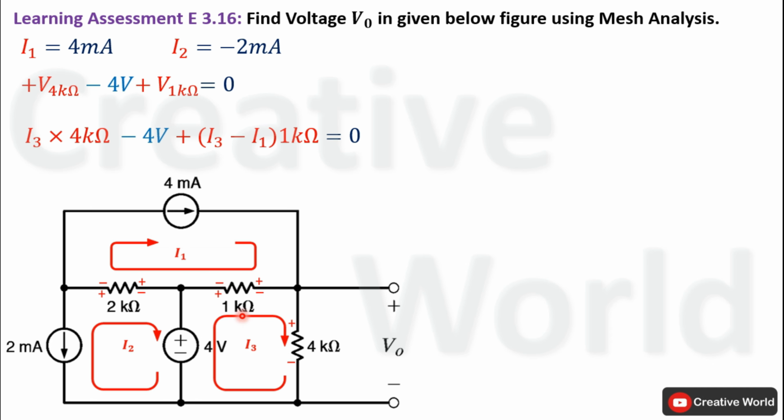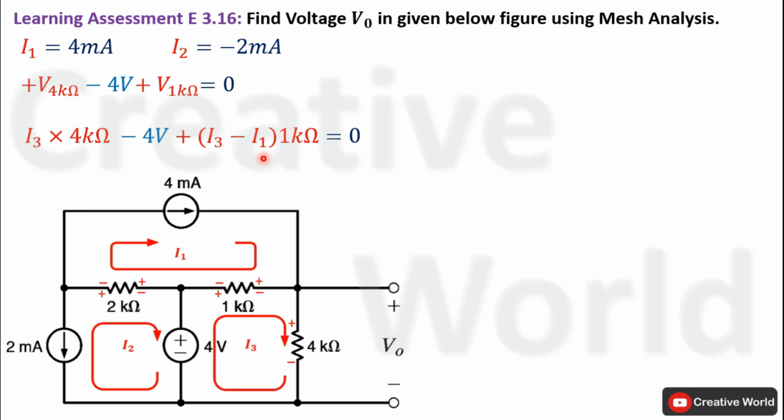And both are opposite in direction to each other. But we are taking voltage across this 1 kilo ohm resistance according to the direction of current I3. So in this case, current I3 will be considered higher than I1. That's why we have subtracted current I1 from I3. I3 minus I1 multiplied by 1 kilo ohm will be equal to voltage across this 1 kilo ohm resistance.